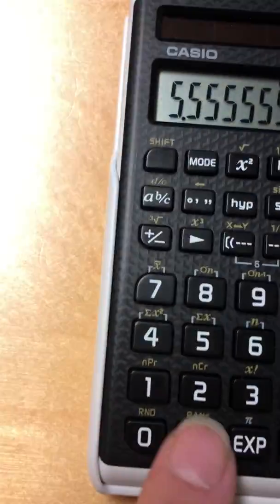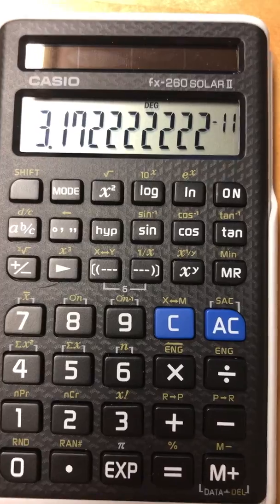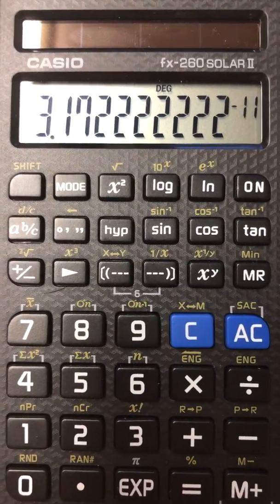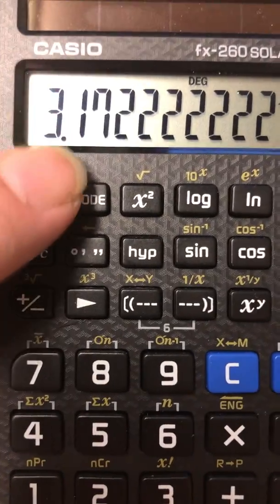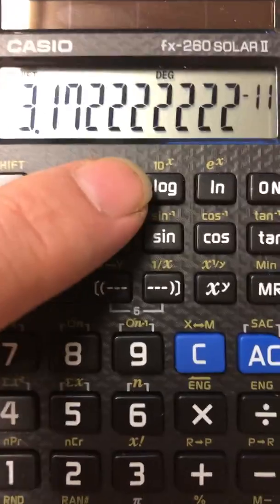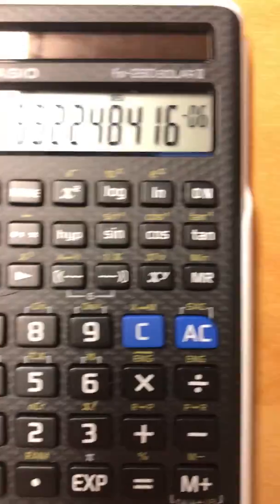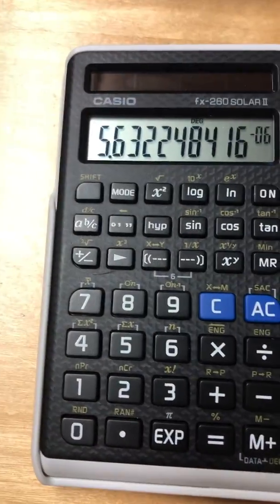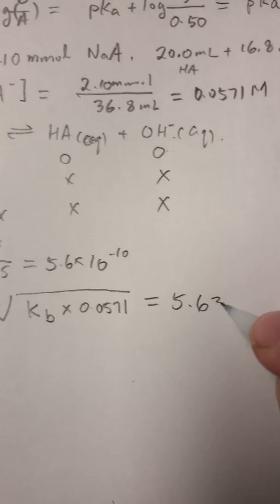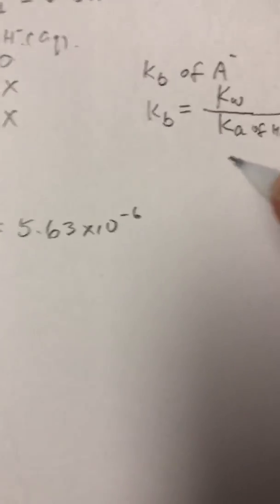Let's multiply by 0.0571. It gives us the product 3.17 something. We need to take the square root of this. Again, shift, x squared, to give you the square root. It gave us 5.6 times 10 to the negative 6th power. If you want to put this in one extra significant number, it's alright: 5.63 times 10 to the negative 6 power.